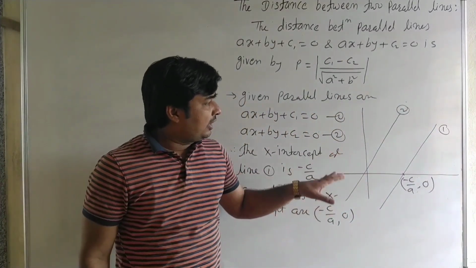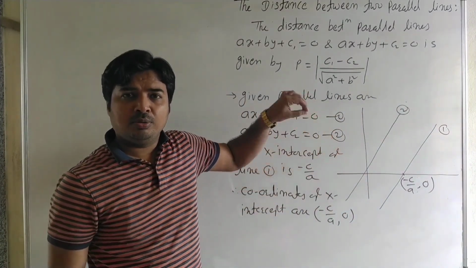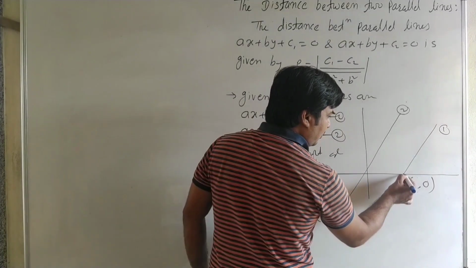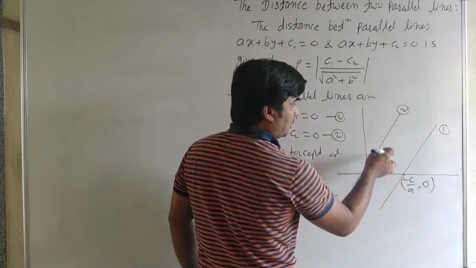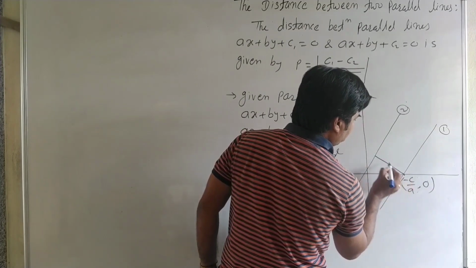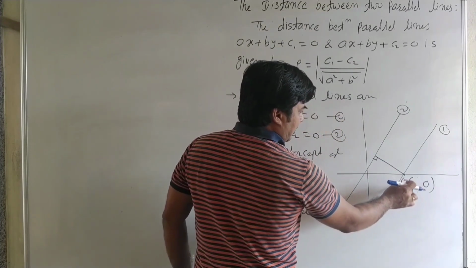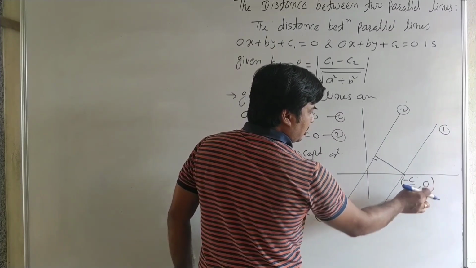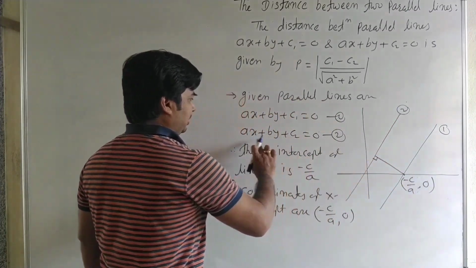Now we want to find the distance between parallel lines. Distance between parallel lines means the distance of a point on line 1 from the line 2. So we find this perpendicular distance. It is the point minus c by a comma 0, and the equation of line 2 is this.